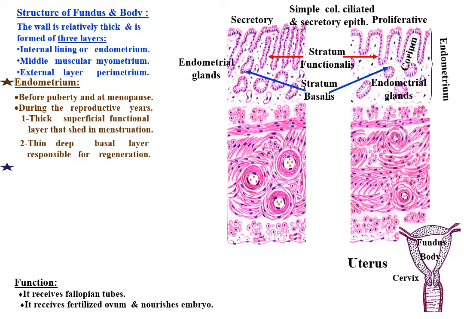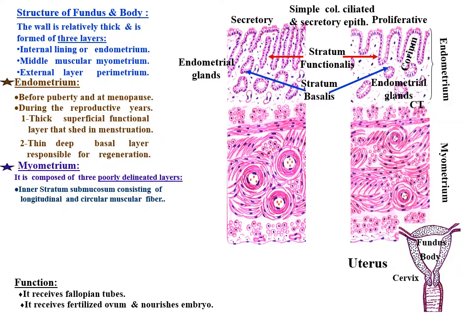Myometrium: it forms a thick coat of bundles of smooth muscle fibers separated by thin strands of connective tissue, poorly delineated into three layers: inner, middle, and outer layers. Inner or stratum submucosum, consisting of longitudinal and circular smooth muscle fibers.